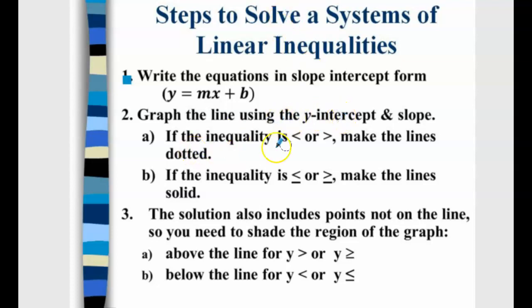So again, they are dotted if my inequality does not include the equals. If it is equal, then the line is solid. It's above for y greater thans and below for y less than. So all of the rules from 2.8 apply.